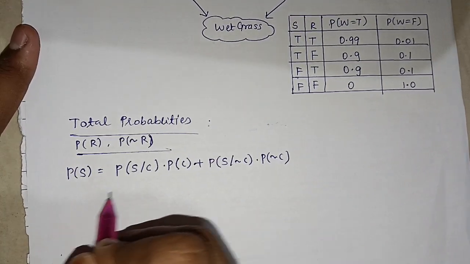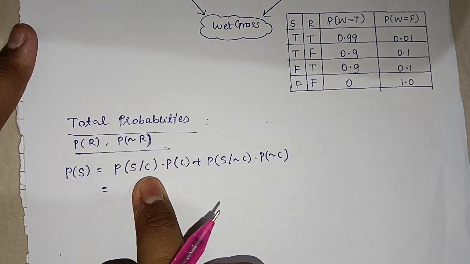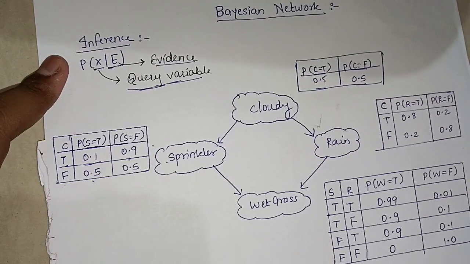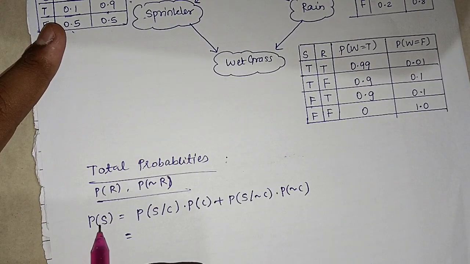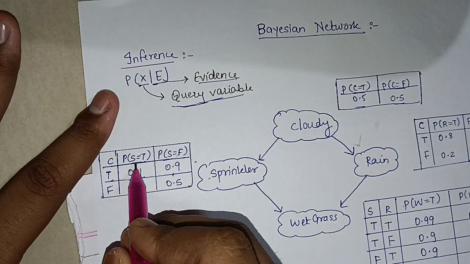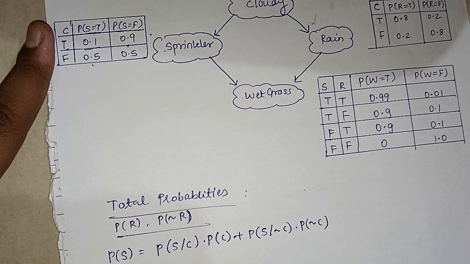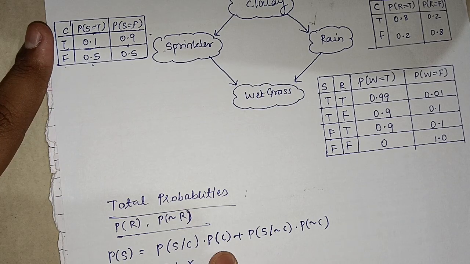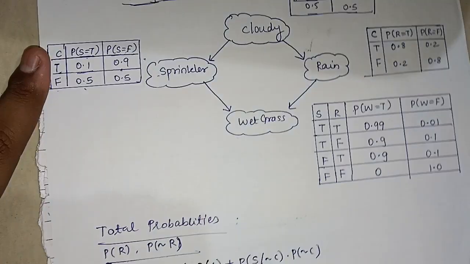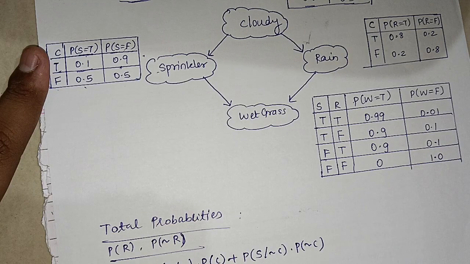Now see, as given C is true, and here I have not used any negation, I am assuming S is also true. So S is true, C is true, it is 0.1, P of C is 0.5.